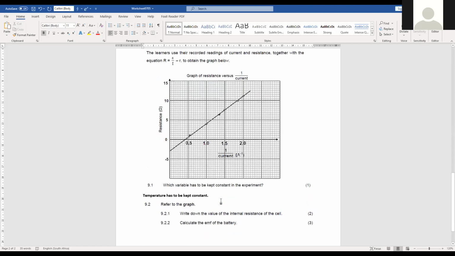Okay, then the next question says, write down the value of the internal resistance of the cell. So I'm just going to grab this into whiteboard again. It's just easier to explain. Just give me a second.